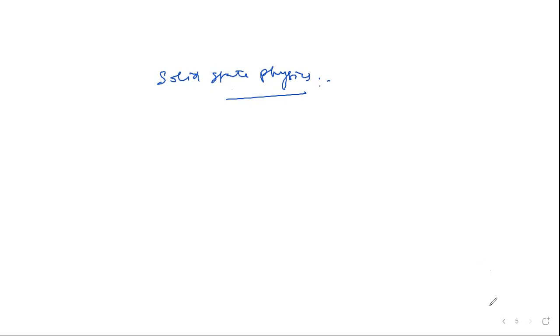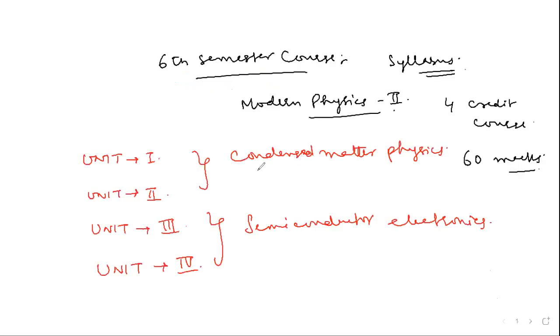Mainly our first two units are solid state physics. You can say it is only a portion of condensed matter physics, right? And semiconductor electronics is also in a way solid state physics because semiconductors exist in solid state. So when we deal with semiconductor electronics, sometimes we call it solid state electronics also.